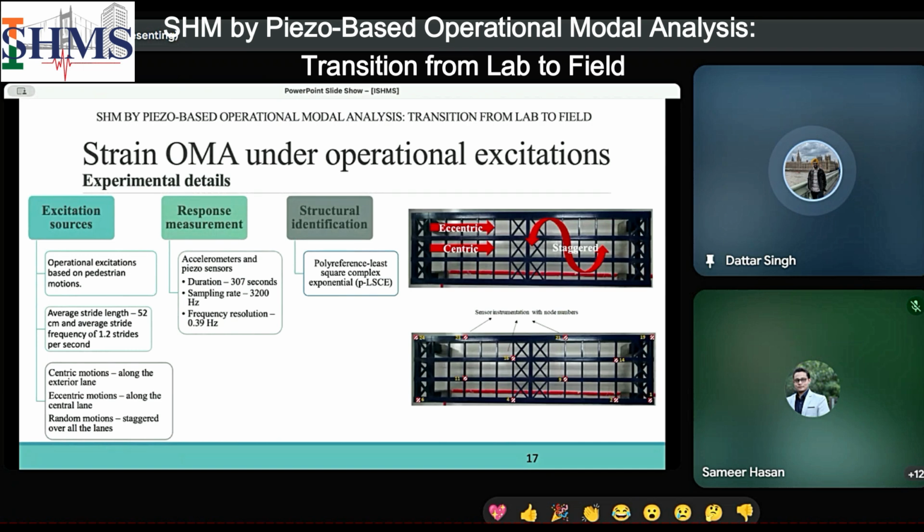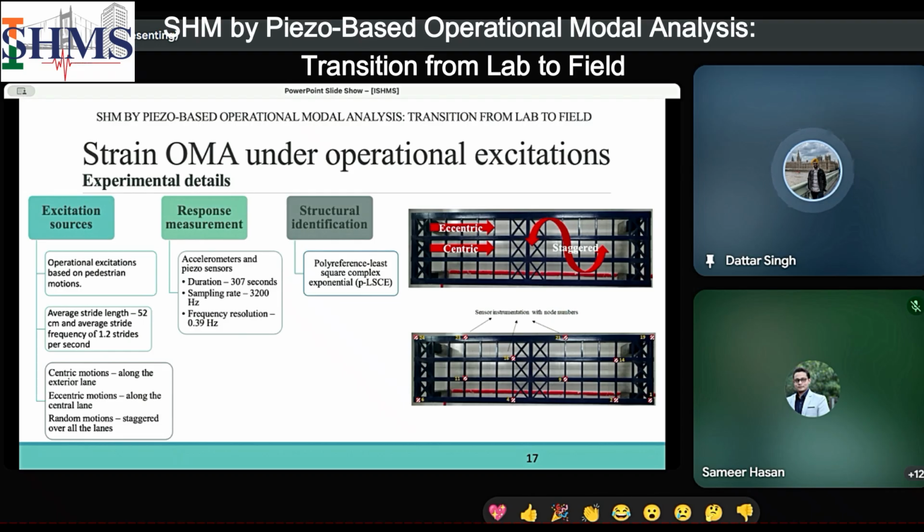Even if we are capable of using shakers, we need very high amplitude shakers, and they themselves change the dynamic interaction of the bridge due to their heavy weight. So operational modal analysis is the most feasible technique available for obtaining the modal parameters of a structure under its operational conditions.